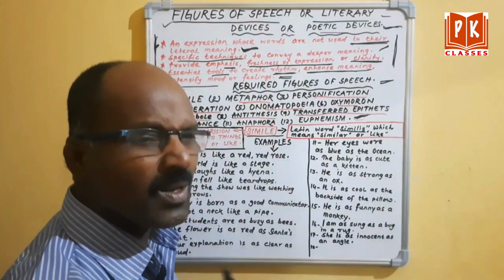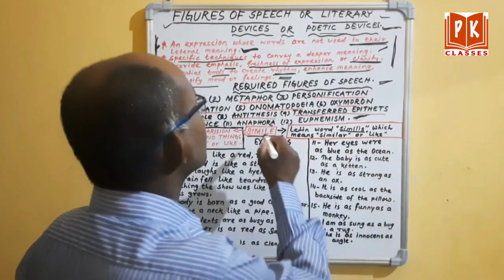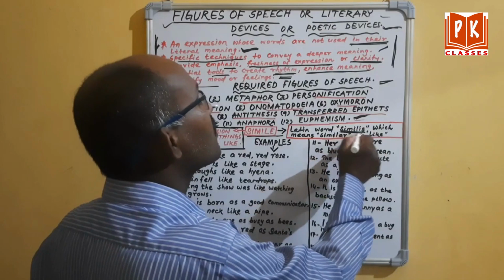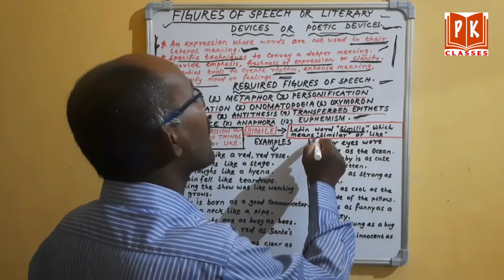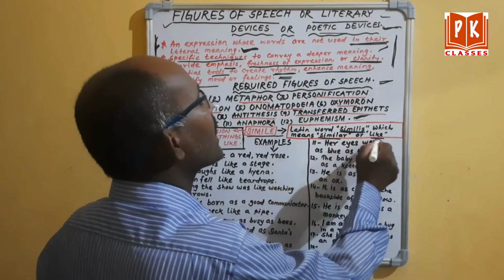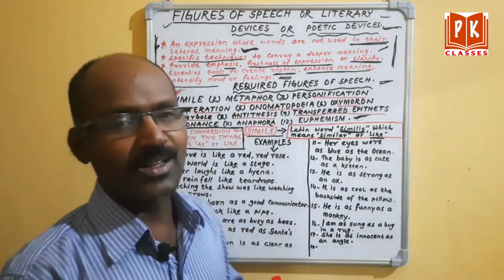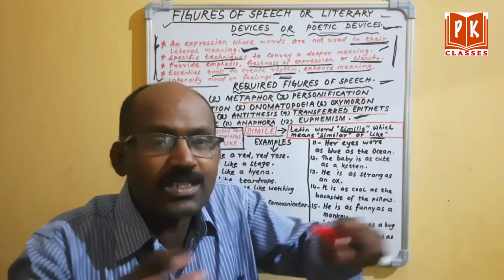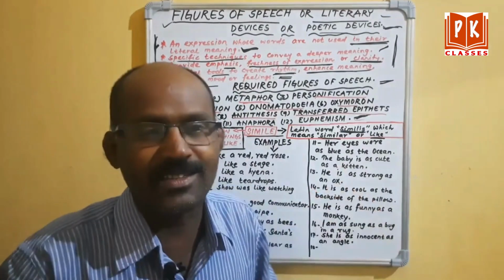Similes is the Latin word, and from that word, simile has been derived. The meaning of similes is similar, or like. That means two things are similar or like.